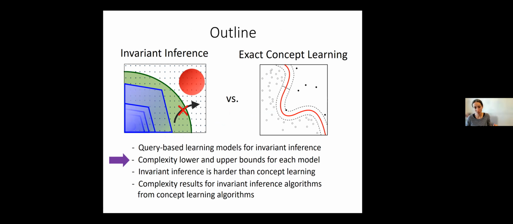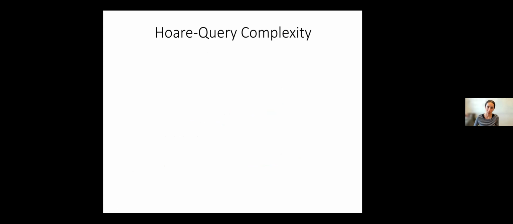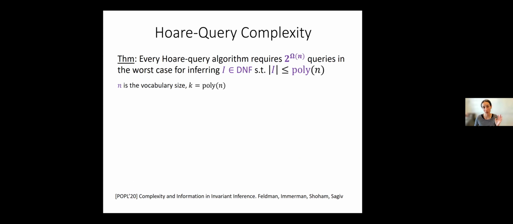Now going to the next item, I want to talk a bit about the complexity, basically how many queries we need in order to infer invariants in each of these models. The first result gives a lower bound on the number of queries that we need in the whole query model. The whole query model is the more powerful one that can ask about whole triples and can even have this k as a parameter.